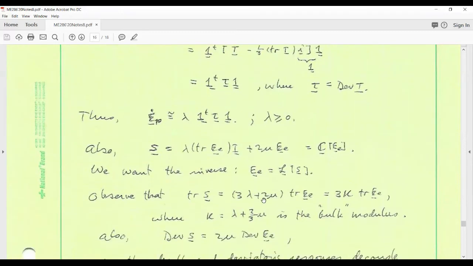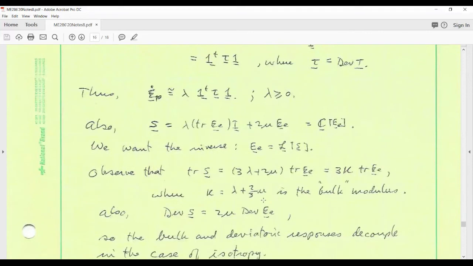The first order of business is simply to invert this, and in the case of isotropy, that's very easy. The reason being that the deviatoric response decouples from the spherical response in the case of isotropy. Let's see how that works.